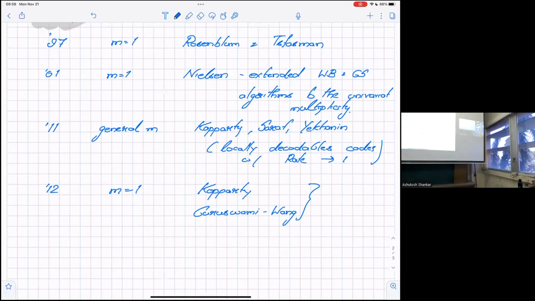Nielsen had already observed that they were list decodable all the way up to the Johnson radius. He just extended the Reed-Solomon case. What they showed was actually it's not just the Johnson radius, it goes all the way to capacity. So this is list decodable all the way to capacity.